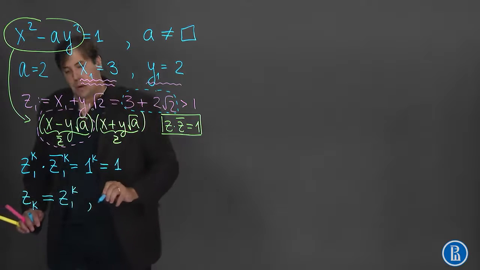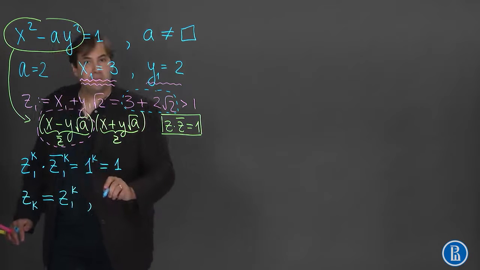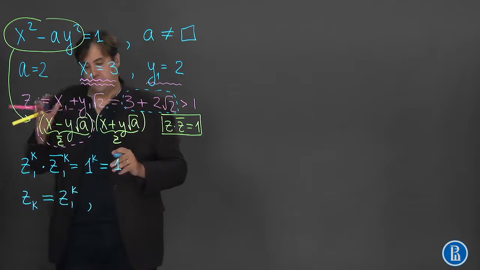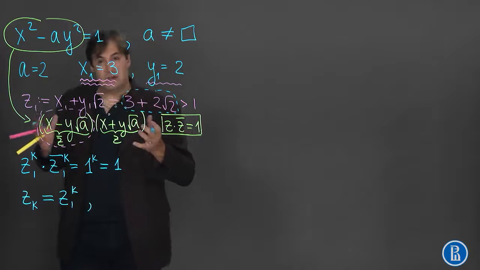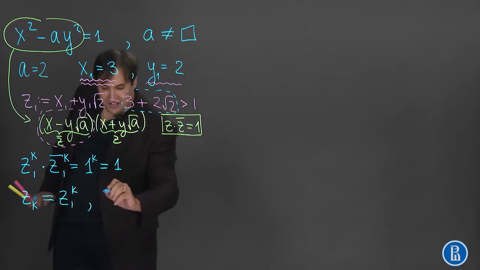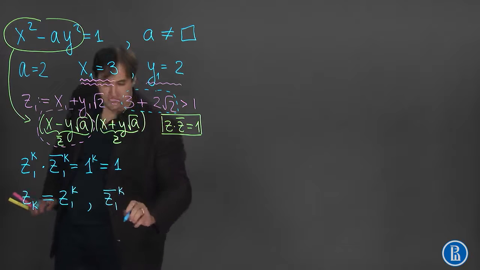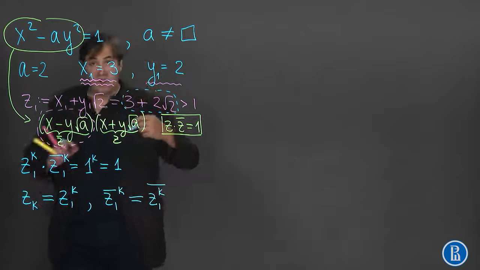Well, we have here z1 conjugated to the power of k. But we know that the operation of multiplication and the operation of conjugation make friends. So we understand that z1 conjugated to the power of k is actually equal to z1 to the power of k conjugated afterwards.